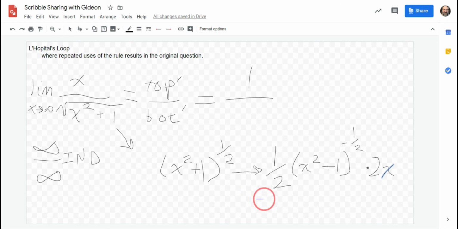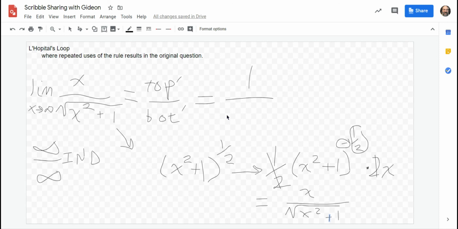Well, let's rewrite that in a simpler form. The 1/2 and the 2 cancel, and so I'm left with x, and oh, this is a square root, but it's got a negative exponent. So now I rewrite the square root on the bottom: the square root of x squared plus 1. And now I kind of cry a little bit because that's my original question, right?